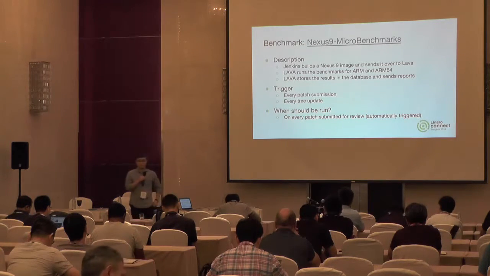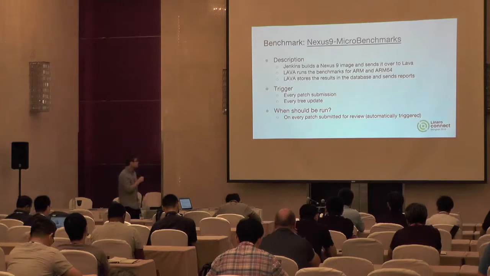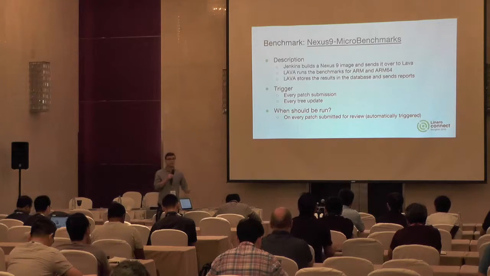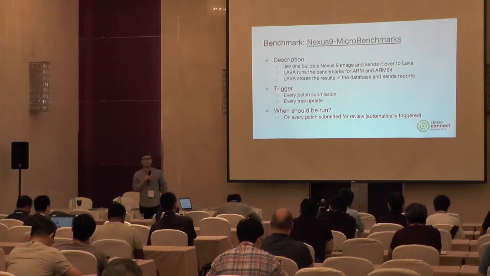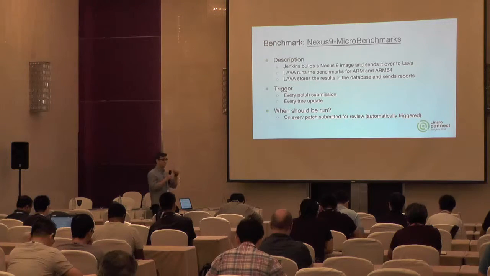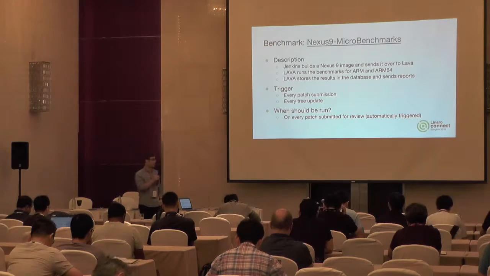We run the benchmarks for ARM and ARM64, and we store all the results in the database, and we send reports currently by email and post them back to Gerrit, but soon we should have them available in the ART reports as well. We do this on every tree update and every patch submission so that we know how your patch compares to the base.